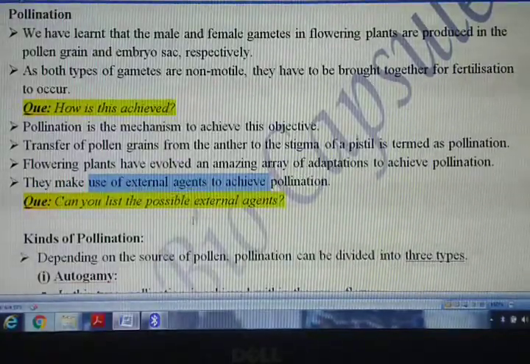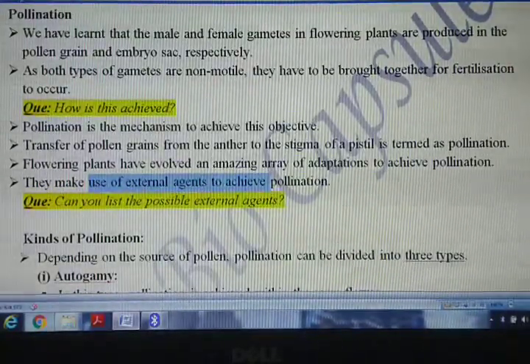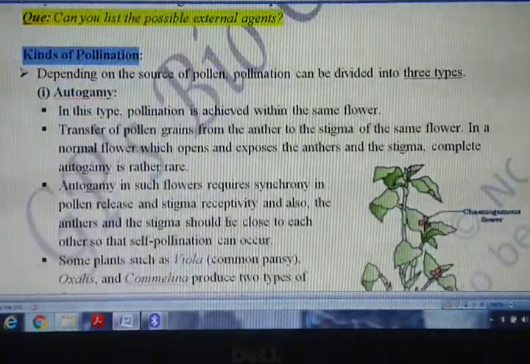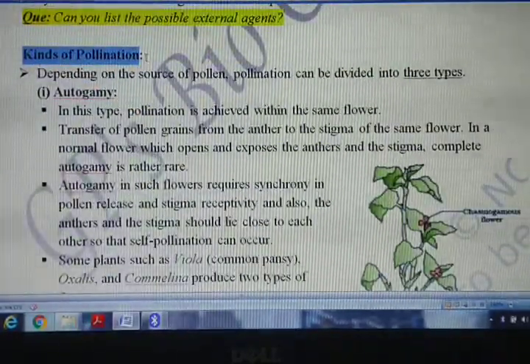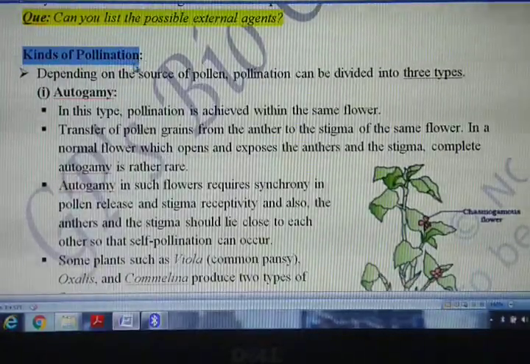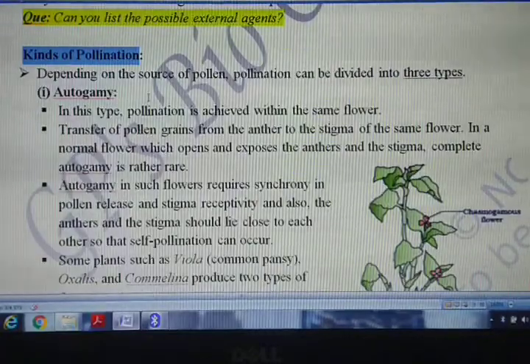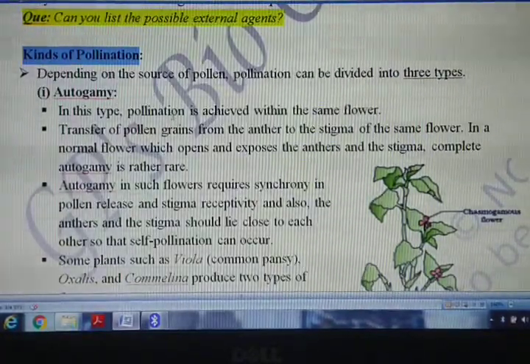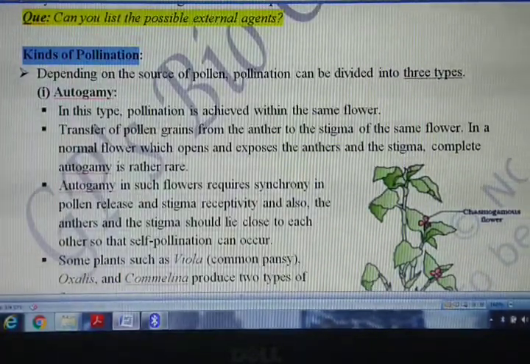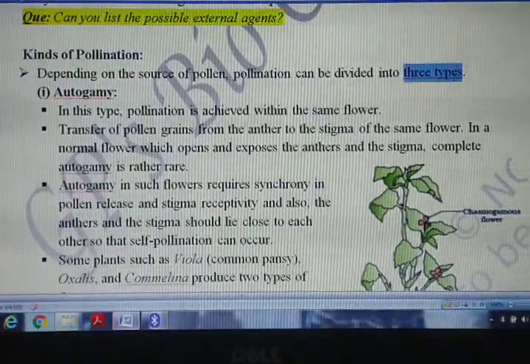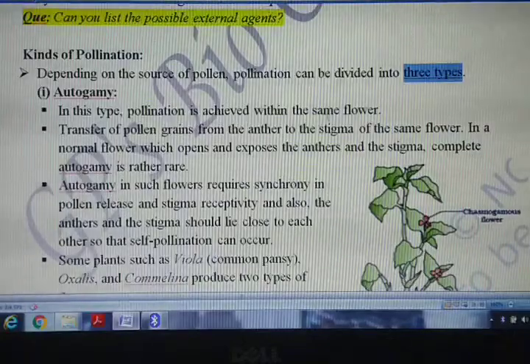Now let us see first of all, what are the kinds of pollination? Basically, we can classify two kinds of pollination: one is self pollination and another is called cross pollination. You have studied this in the lower class. Now here we are discussing that it is of 3 types.